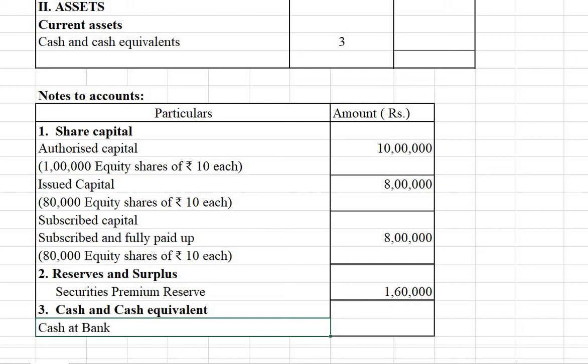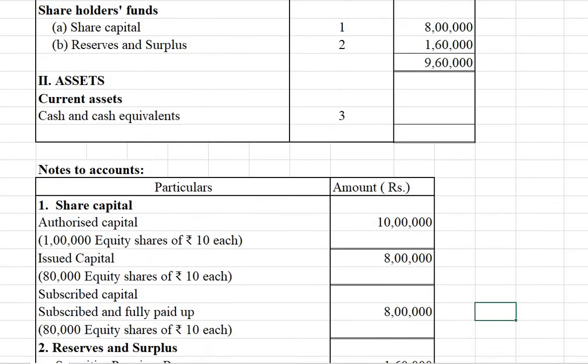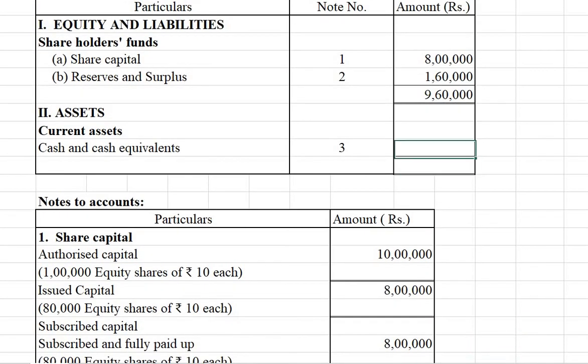So cash at bank we will write, amount 9,60,000 we received. Okay. So cash and cash equivalent 9,60,000. So let us see the balance sheet here. The total of liabilities and assets are equal. We have got 9,60,000 each on the asset side and the liability side.